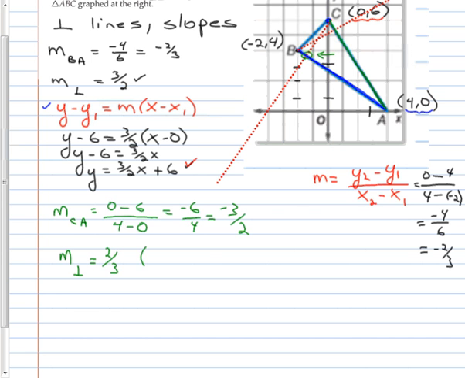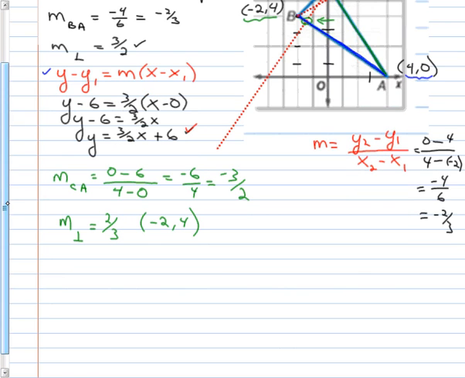And a point that it goes through is point B. I'm coming from B, negative 2, 4 for this altitude. So I'm going to come back up to my point slope form in red, and I'm going to get the equation of this altitude.